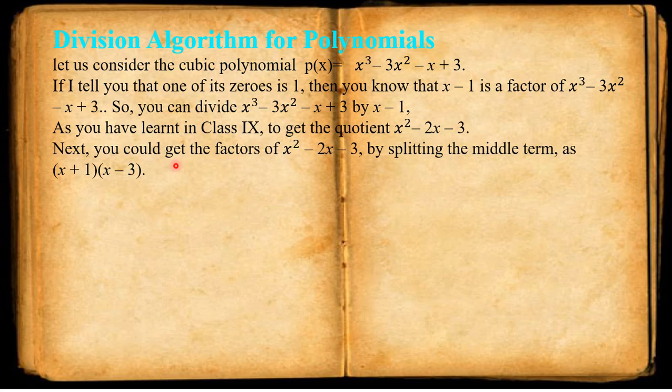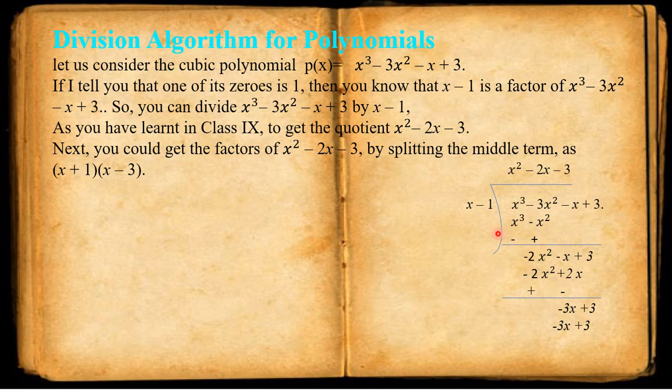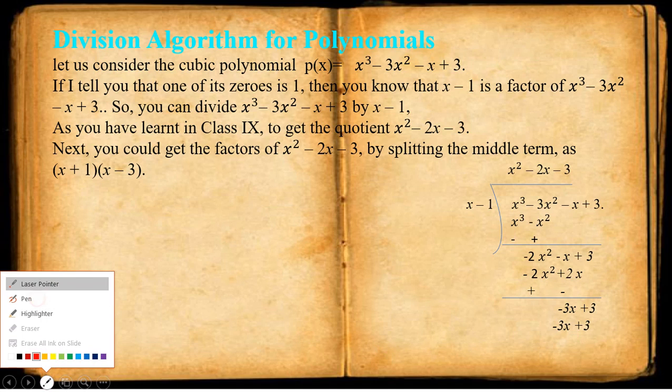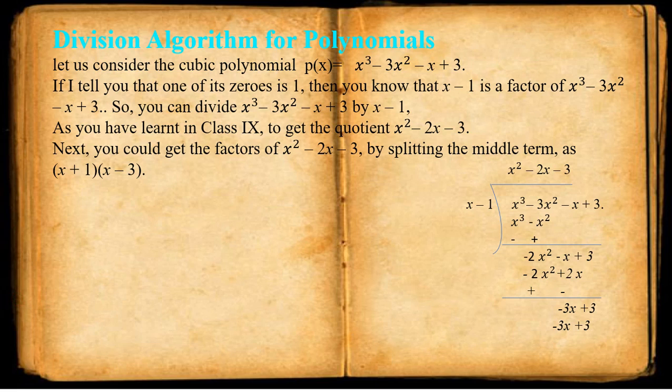So using the long division method for polynomials, we find it like this: x minus 1 divides x cube minus 3x square minus x plus 3, and this division process, as we know how to do it, at last we get here minus 3x and minus 3.